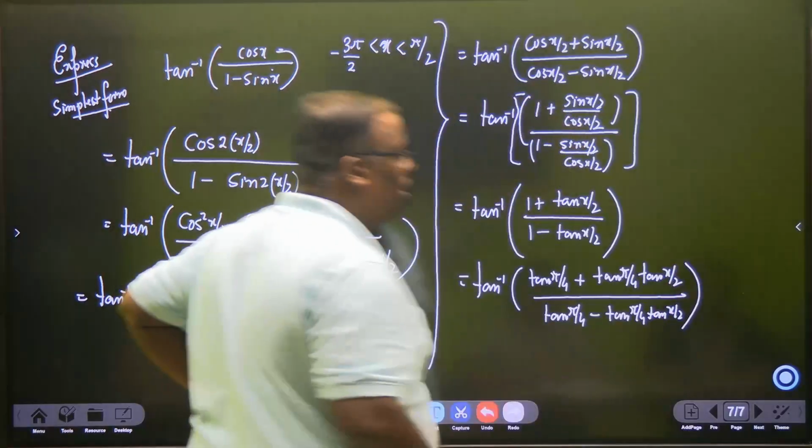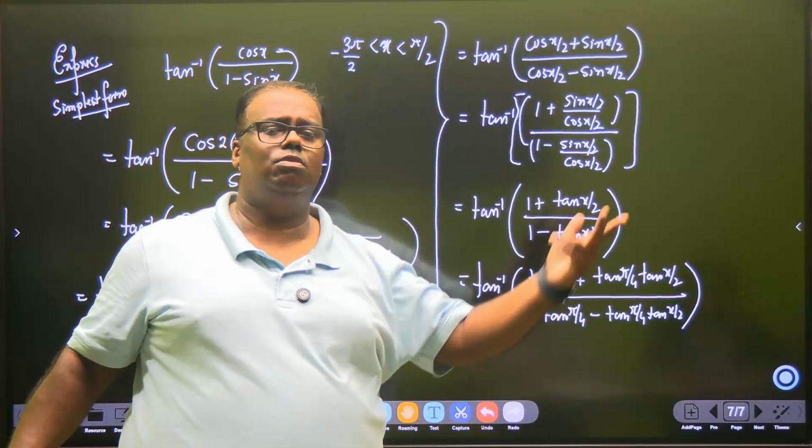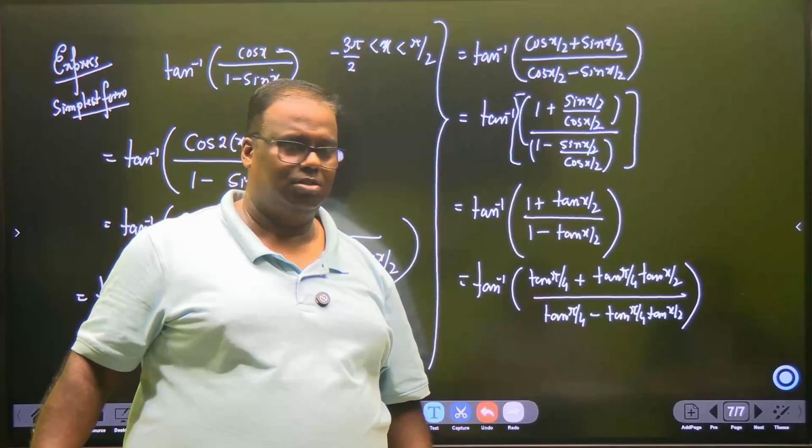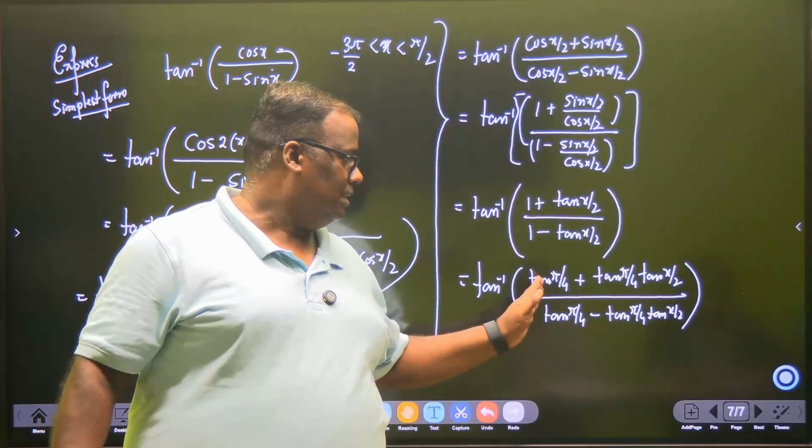Did you see the tan on this side? 1 is always a coefficient.